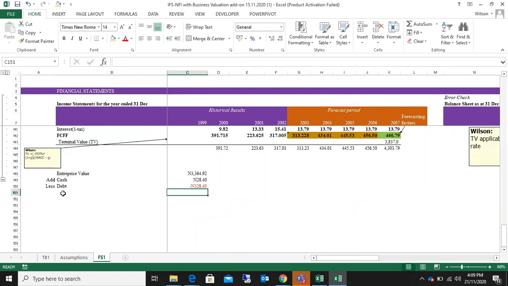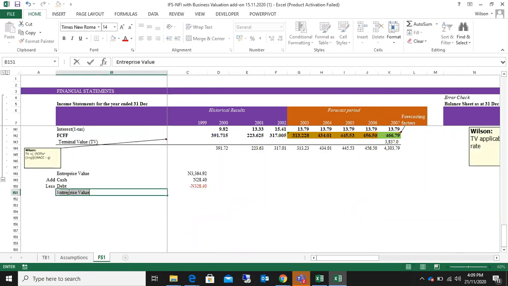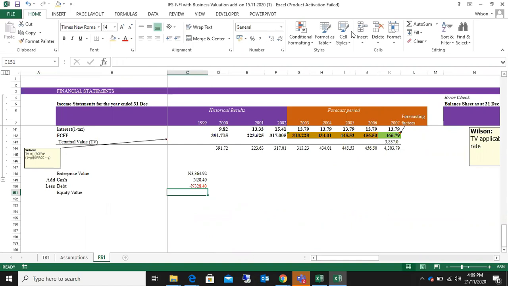So we have equity value. Yeah. Now, this equity value is the value of the business.